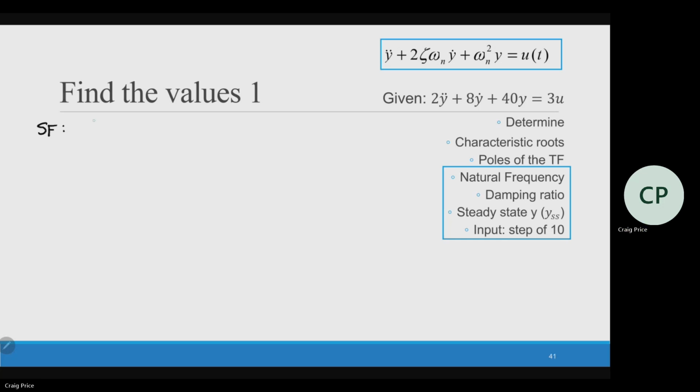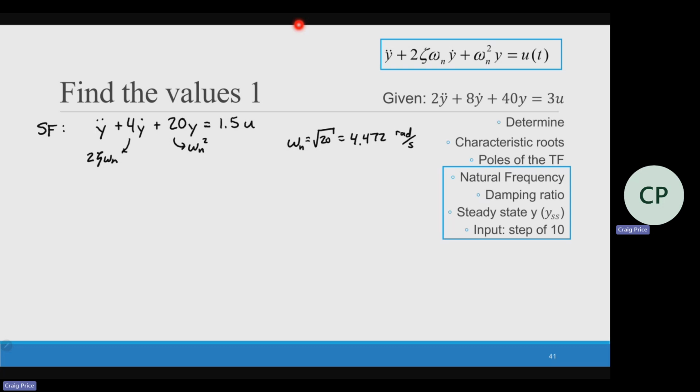Standard form first. Always put it in standard form first.